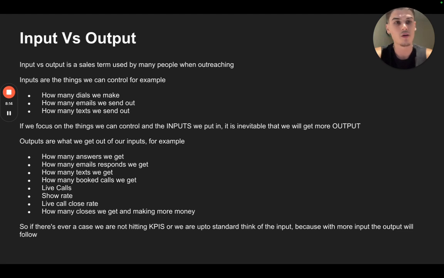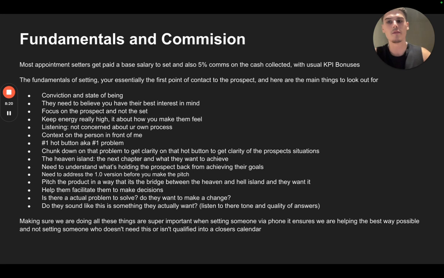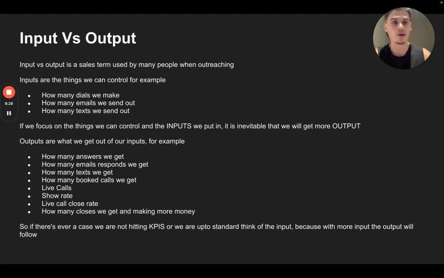So there's obviously a problem in the quality of how you're setting these people and making them feel, and it comes back down to the fundamentals. We've missed something in the fundamentals, and we need to focus on these fundamentals to make sure we improve our show rate, right? Or basically the things we have control over.